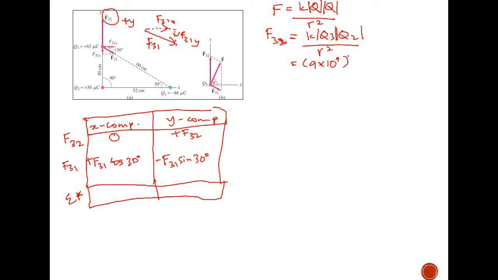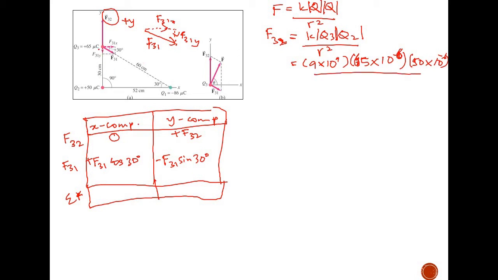Q3 is 65 times 10 to the power of negative 6, because it is in micro. Sorry, micro is negative 6. Then times Q2, and you can see that Q2 is positive 50 micro, so 50 times 10 to the power of negative 6, over R squared.